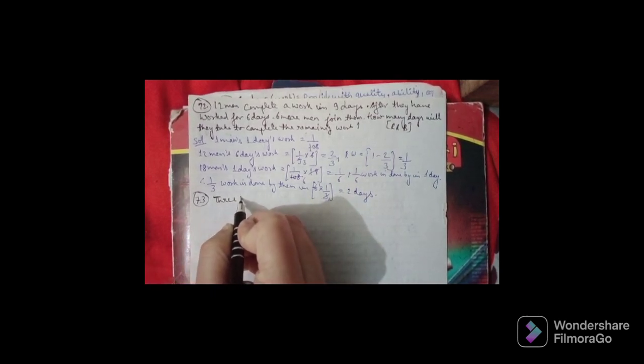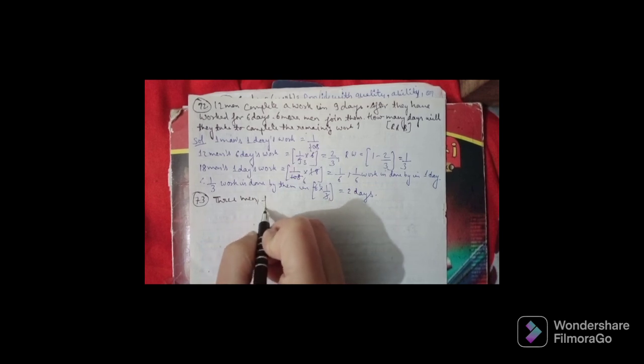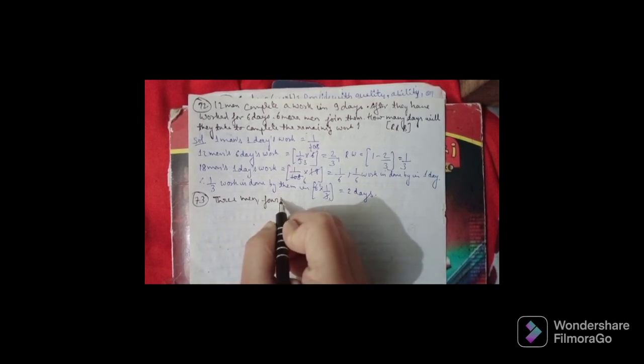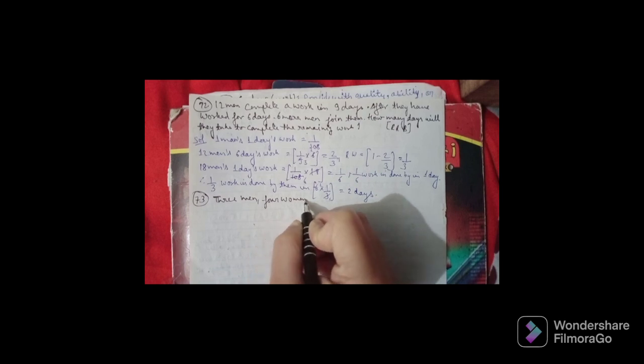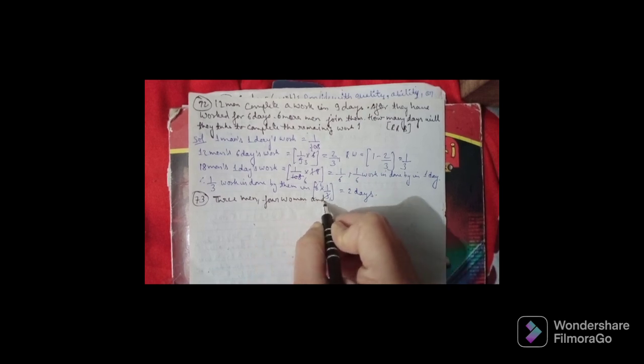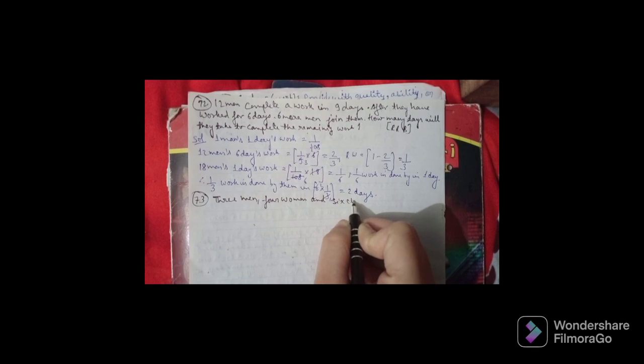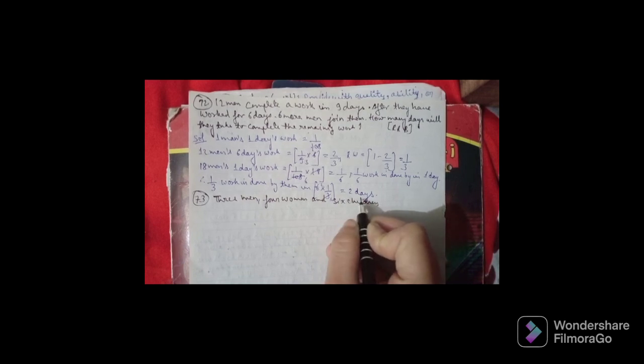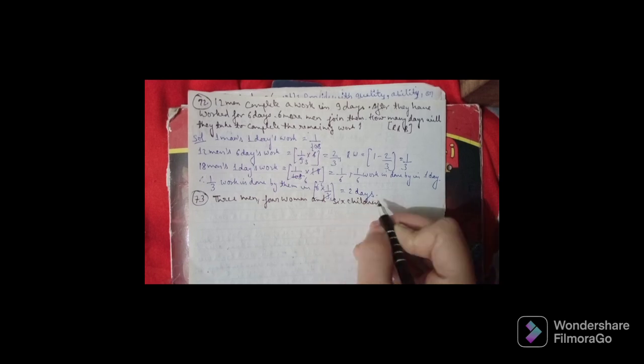3 men, 4 women, and 6 children can complete a work in 7 days.